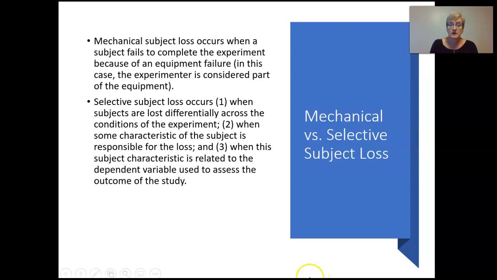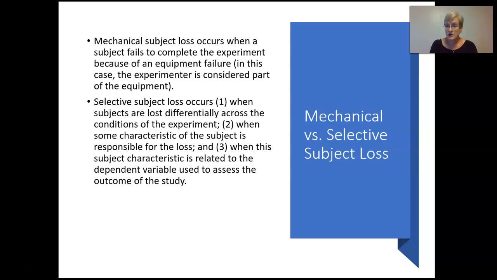Now, selective subject loss is a little different. It can occur in a number of different ways. As your authors describe it, you can lose subjects across conditions, sometimes due to timing or other kinds of factors. Second, some characteristics of subjects may make them more likely to drop out or to fail to respond. This can happen in research studies that are multi-part, so that there may be subjects who are, say, much busier in terms of their academic schedule.